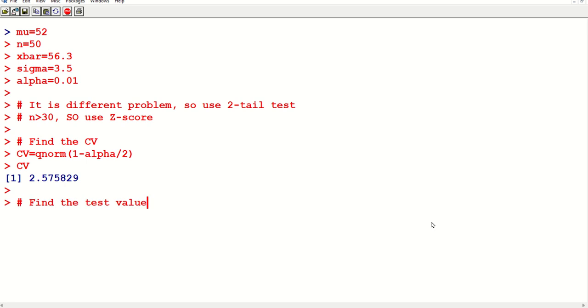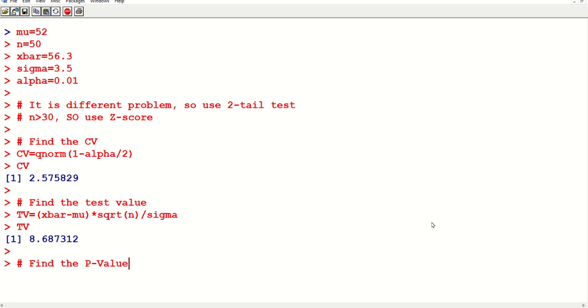Now we need to find the test value. The formula is the same: x bar minus mu times square root of n upon sigma. If you calculate it, this is the test value. Now there are two methods to calculate the result.